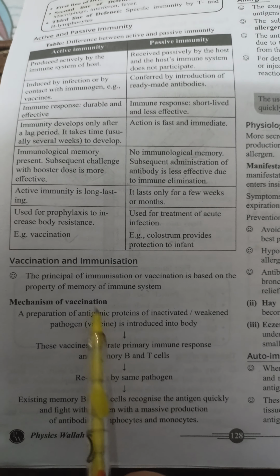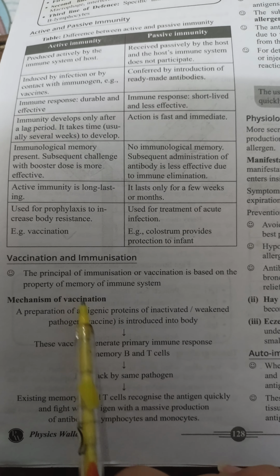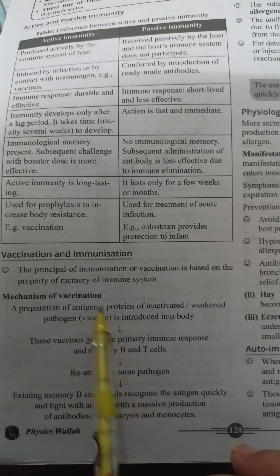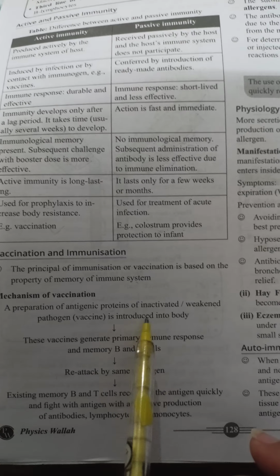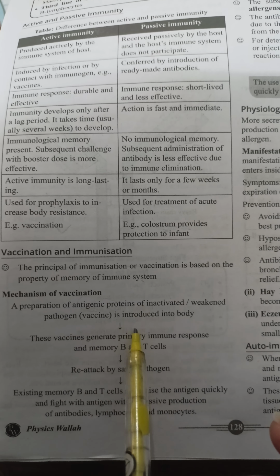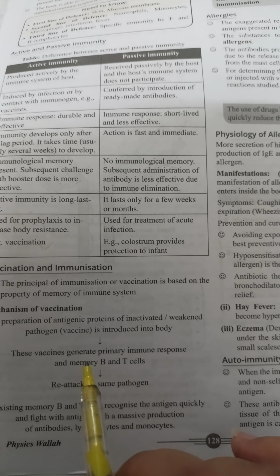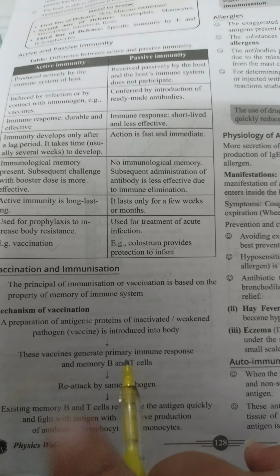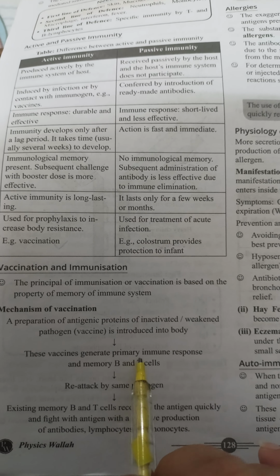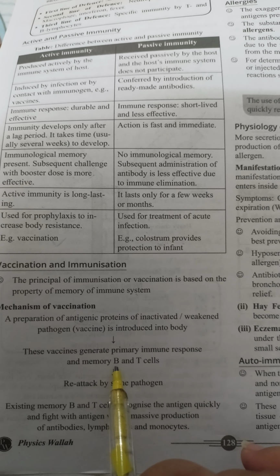So what is the principle and mechanism of vaccination? Here a preparation of antigen is there in the form of a vaccine, in which the inactivated or weakened pathogen is taken and introduced in the body. The first encounter of the vaccine with the body generates the primary immune response and memory, B and T cells.